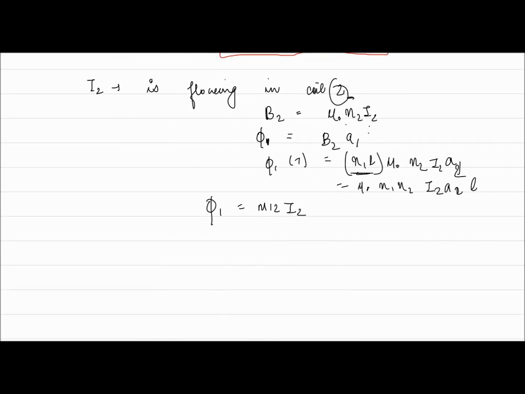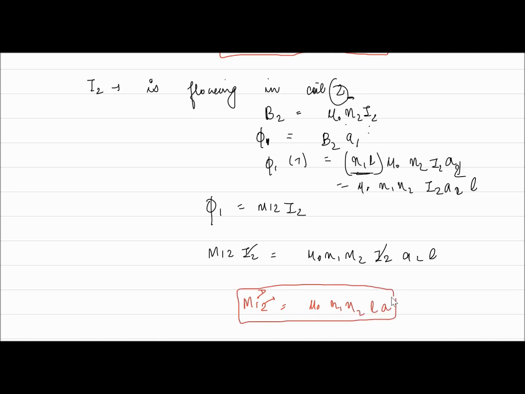So when we equate these two, we get M12 I2 equals mu naught N1 N2 I2 A L. I2 gets cancelled, so we get the coefficient of 1 with respect to 2 as mu naught N1 N2 A L.